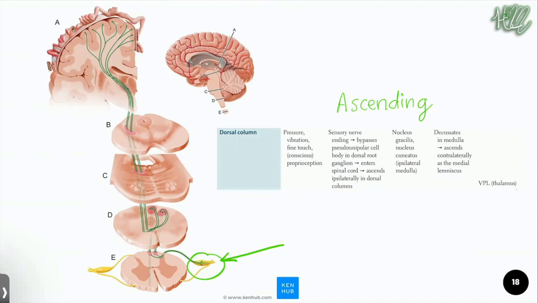And you can see, because this is a sensory pathway, look what we're going through. We are going to enter here in the dorsal horn of the gray matter, because I already told you, the dorsal aspect of the spinal cord is for sensation.